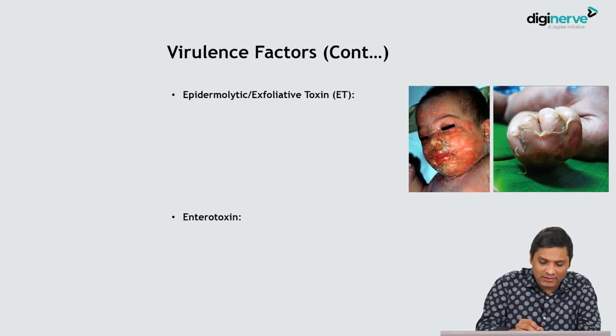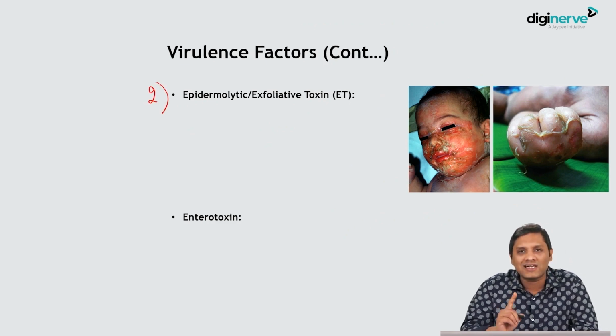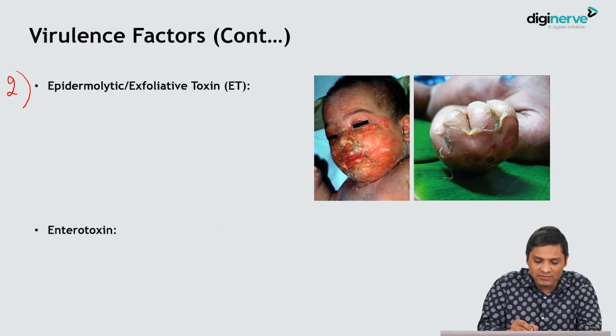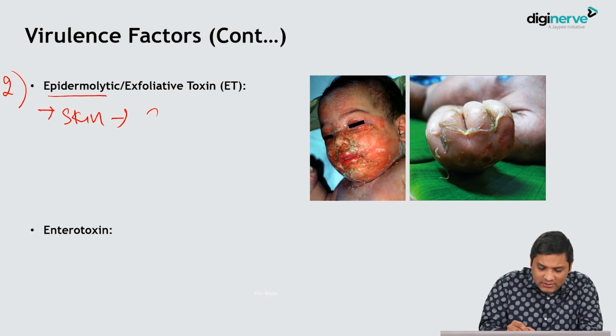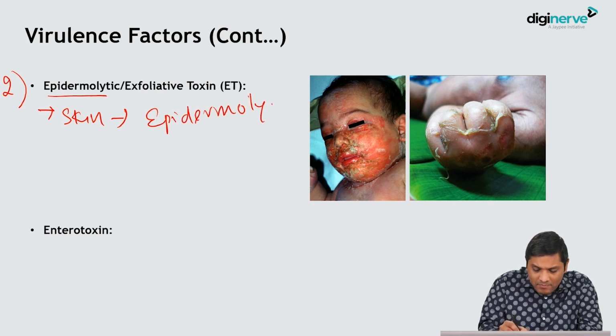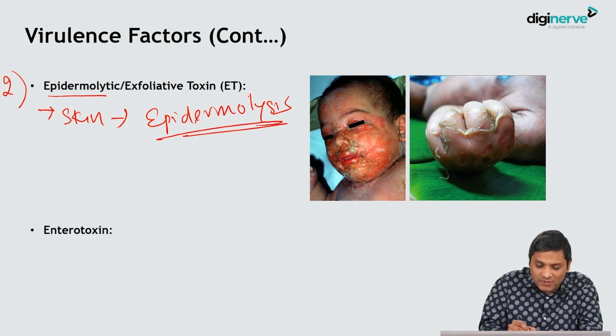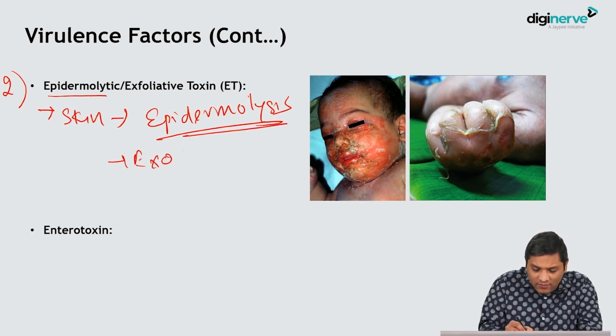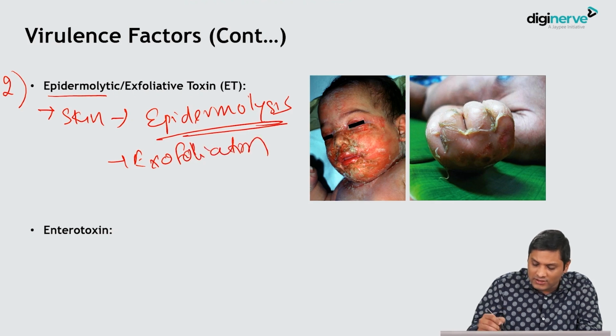Now we'll discuss the other toxins. The second toxin is the epidermolytic or exfoliative toxin. As the name says, it acts on the skin and causes epidermolysis, or exfoliation. Exfoliation means the skin will come out. You can see exfoliation.